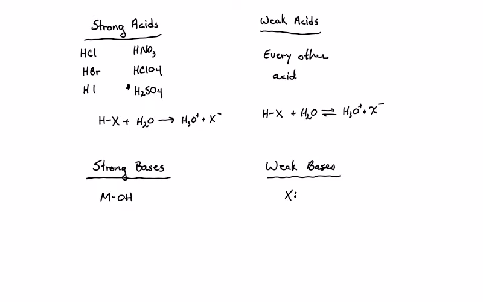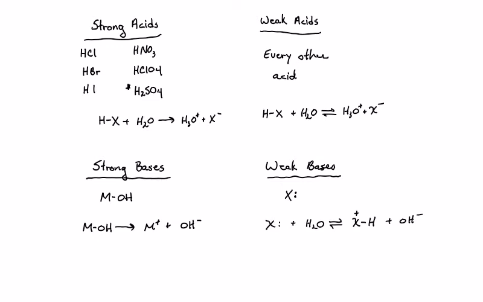But notice that if I take a metal hydroxide and I put it in water, it's going to completely dissociate into the metal plus the hydroxide. If I take a weak base, though, and I add that to water, okay, we'll have an equilibrium, where the H will be attached to the weak base and will produce a little bit of hydroxide in solution.